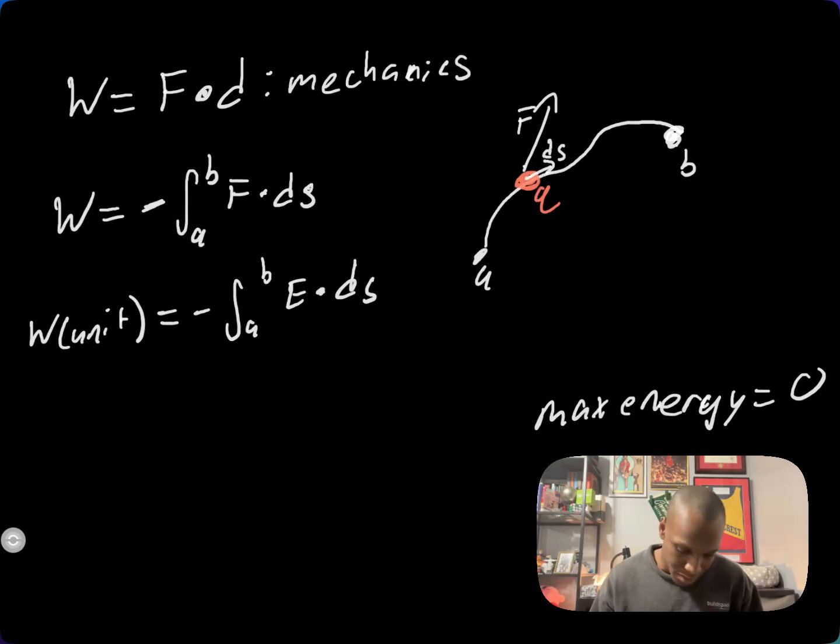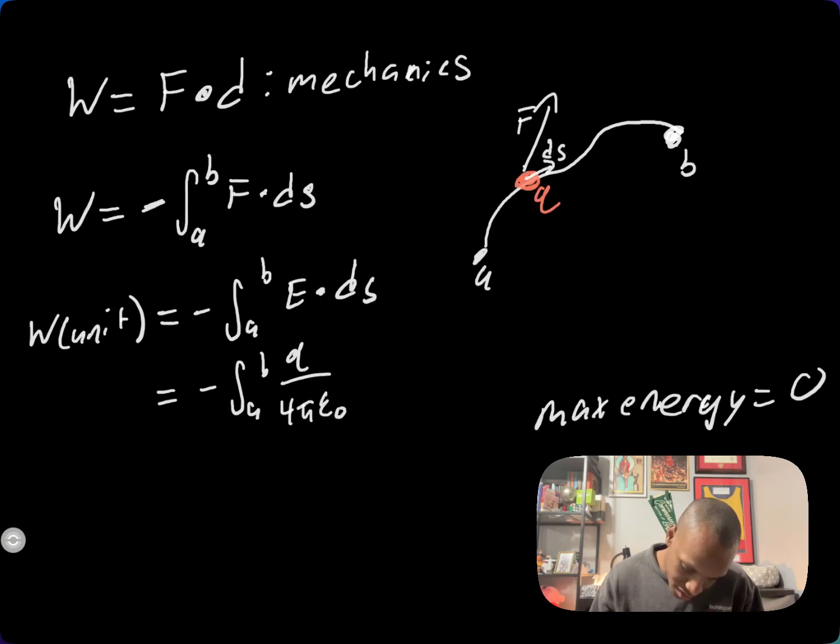That makes it simple because now we can just plug in the formula for the electric field, which is Q over 4 pi epsilon naught times 1 over R squared. And I'm going to drop the unit vector for now.